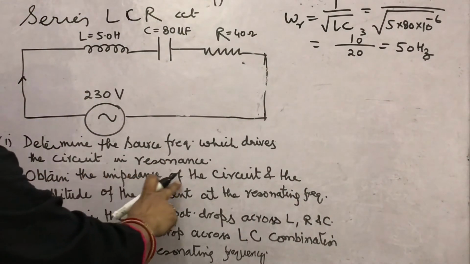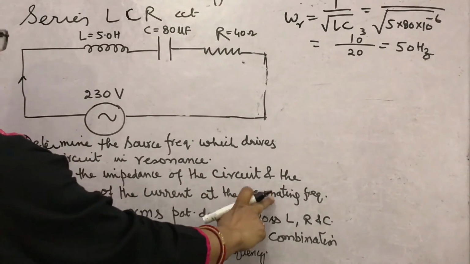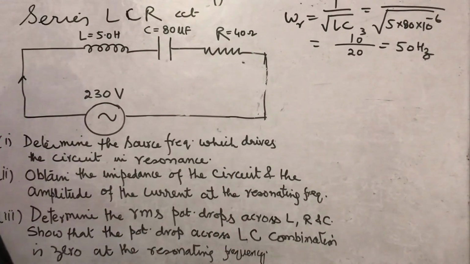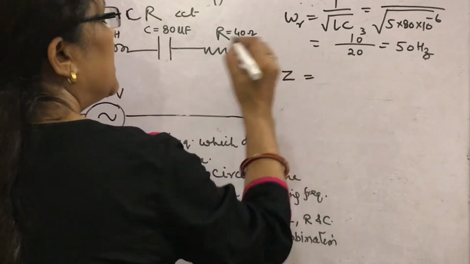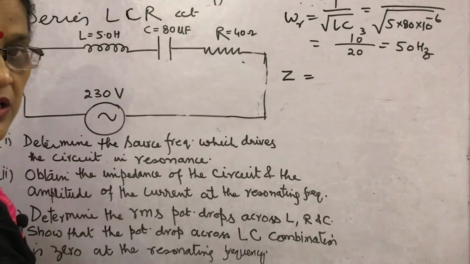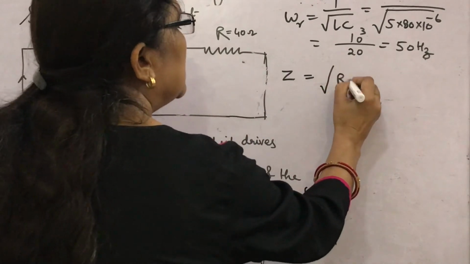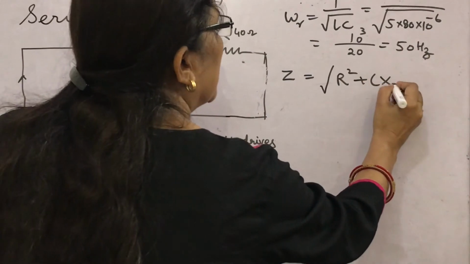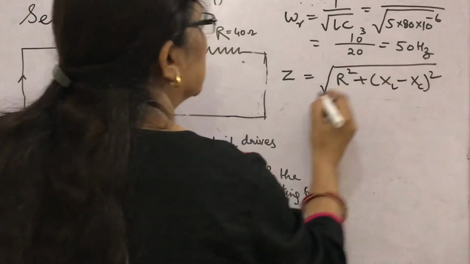Obtain the impedance of the circuit and the amplitude of the current at the resonating frequency. You know the impedance of the circuit at resonance. In general, impedance in a series LCR circuit is written as the square root of (XL minus XC) whole square plus R square.